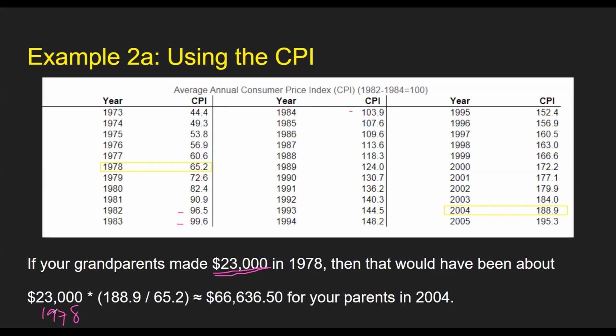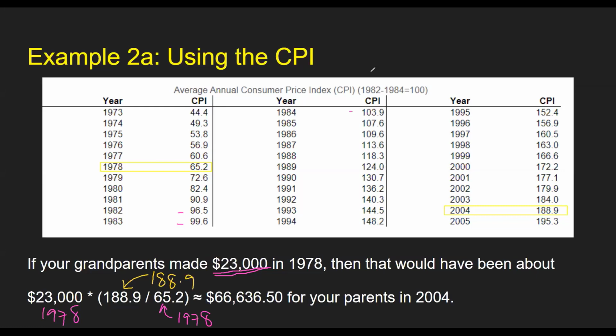Make sure that the CPI for 1978 is in the denominator, because you're trying to cancel all the information about 1978. Your numerator, in a different color, needs to be about the year you want to change this to. So I want to learn about 2004, so I'm going to use the index for 2004 here.